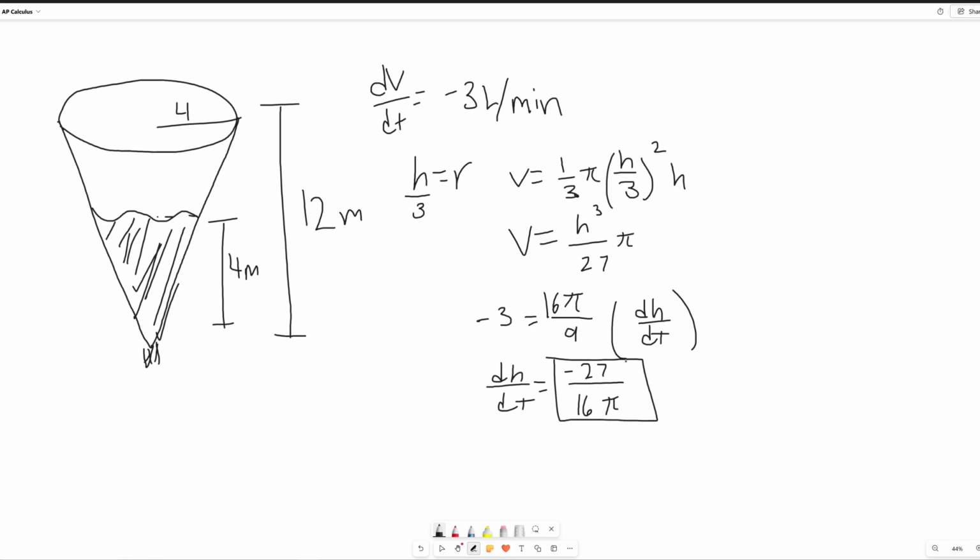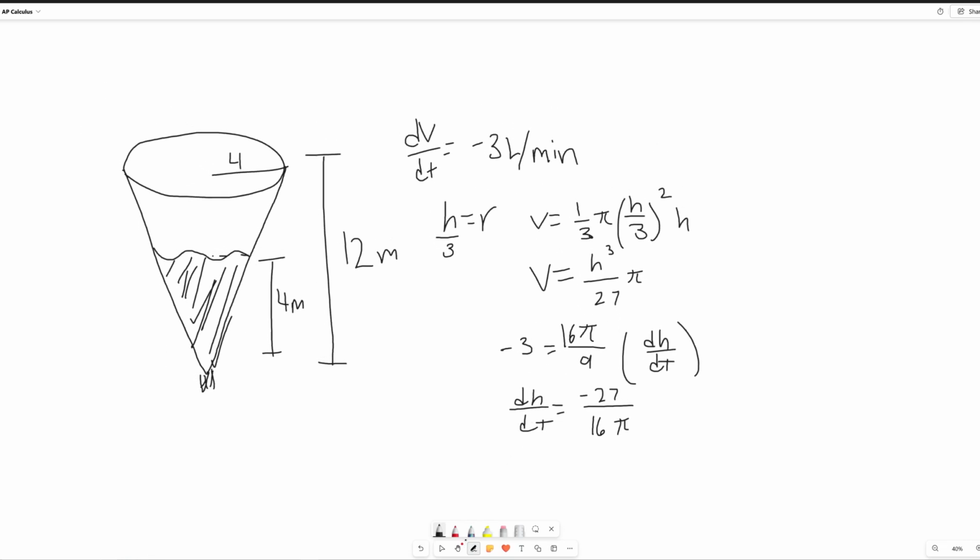So, when it comes to related rates, you need to identify which numbers you have, which constants you have. Drawing a picture is very good for understanding the relationships between the rates.